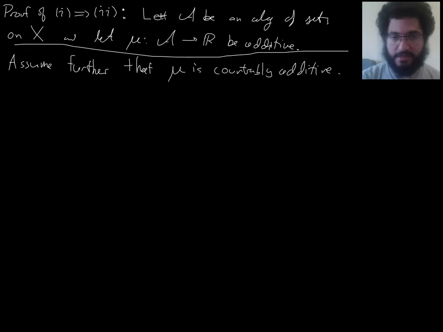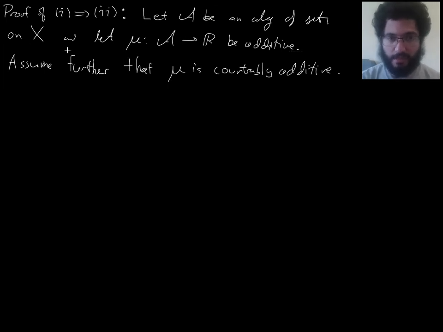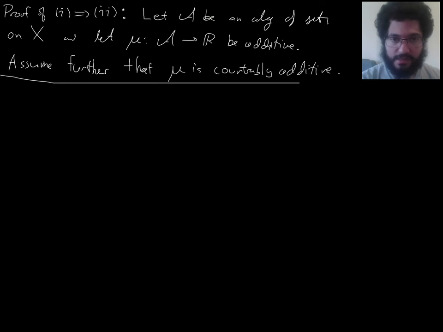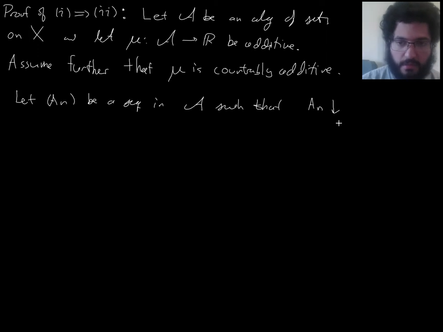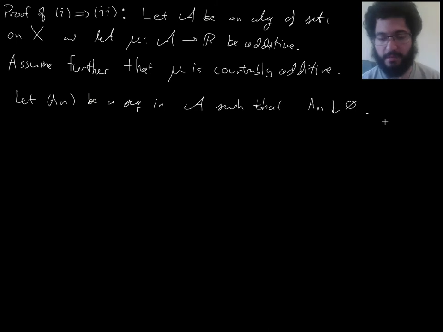So above this line is just the global assumptions in the theorem as a whole, and then this is assuming number 1. Now we need to prove number 2, so we need to prove continuous at empty set. So let AN be a sequence in A which goes down towards the empty set. So that means they're nested and their intersection is the empty set.